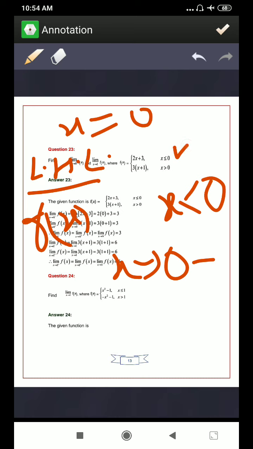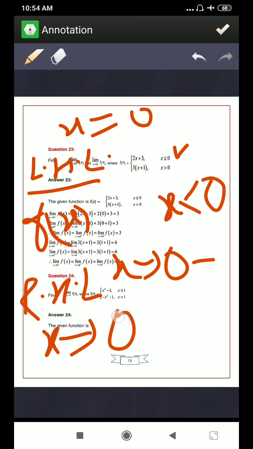When we calculate the right hand limit, since we are calculating at x equal to 0, it will be expressed as x tends to 0 plus. 0 plus means it is the right hand limit. In the right hand limit we'll consider the function which is defined for x greater than 0. 0 plus means greater than 0, and 0 minus means less than 0.